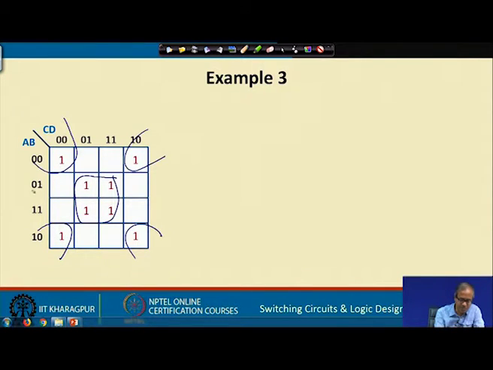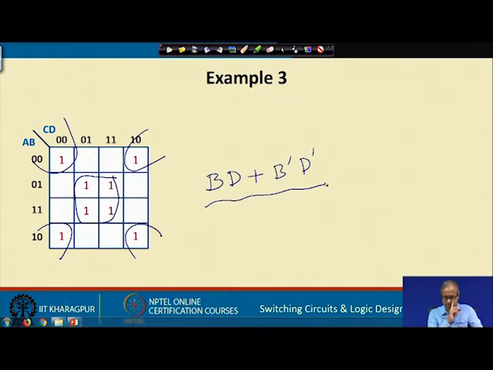The 4 middle ones will be 0 1 1 1, it will be B, 0 1 1 1 again D, or the 4 corner ones 0 0 1 0, B bar, 0 0 1 0, D bar. This will be the function B D or B bar D bar, right.